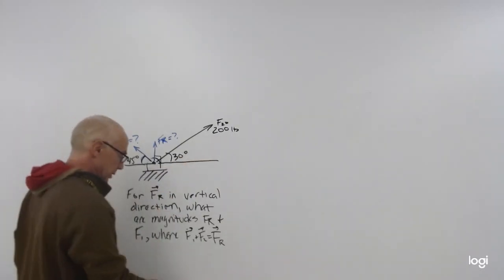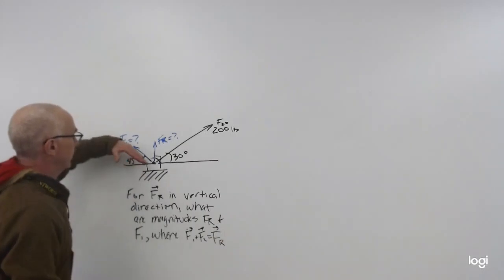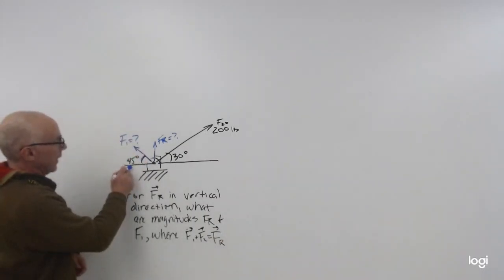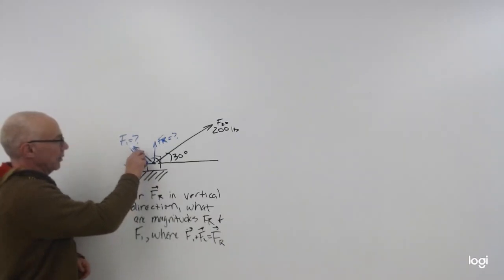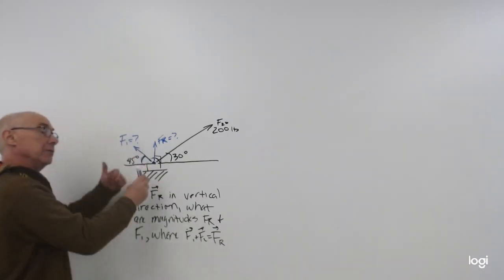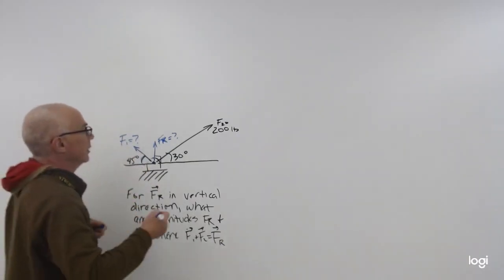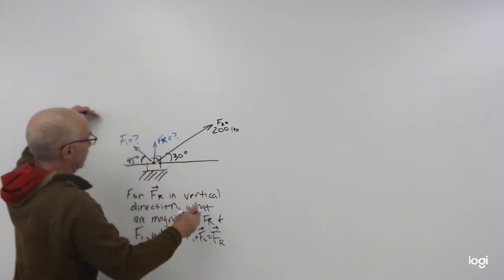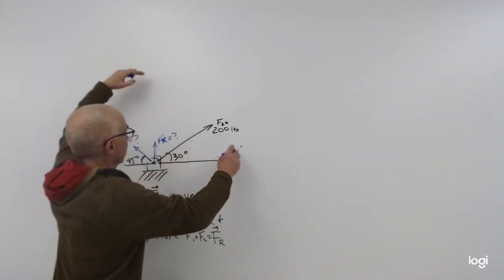When we do the parallelogram law, I'm going to draw it. And this vector, f1, is 45 degrees from horizontal, basically off in this direction. So I'm going to try to draw it as well as I can, like this.